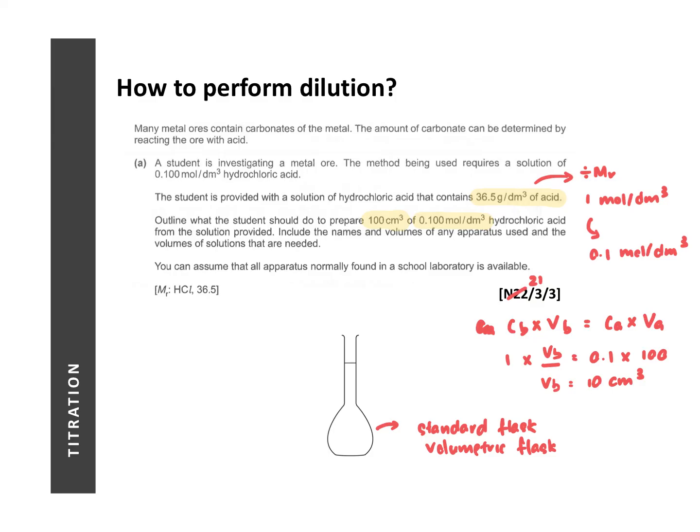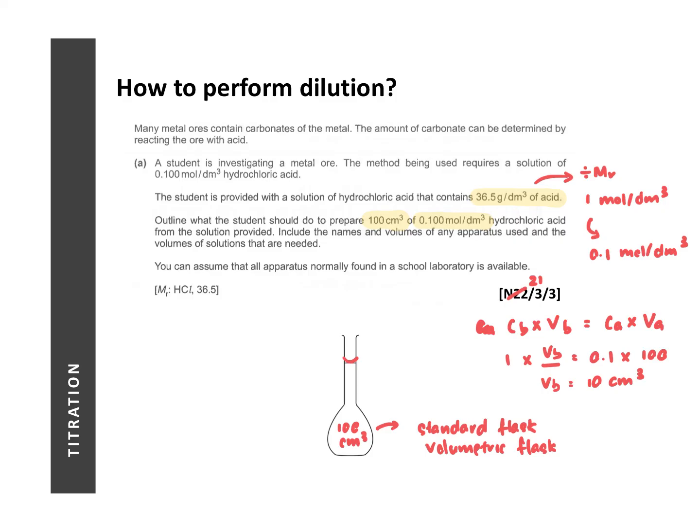For example, in the lab, you may find a standard flask that has this volume, 100 centimeter cube. So how we make use of this flask is that when you add a liquid until the bottom of the meniscus touches a thin line found along the neck of the flask, it means that you've added this volume of liquid or solution.